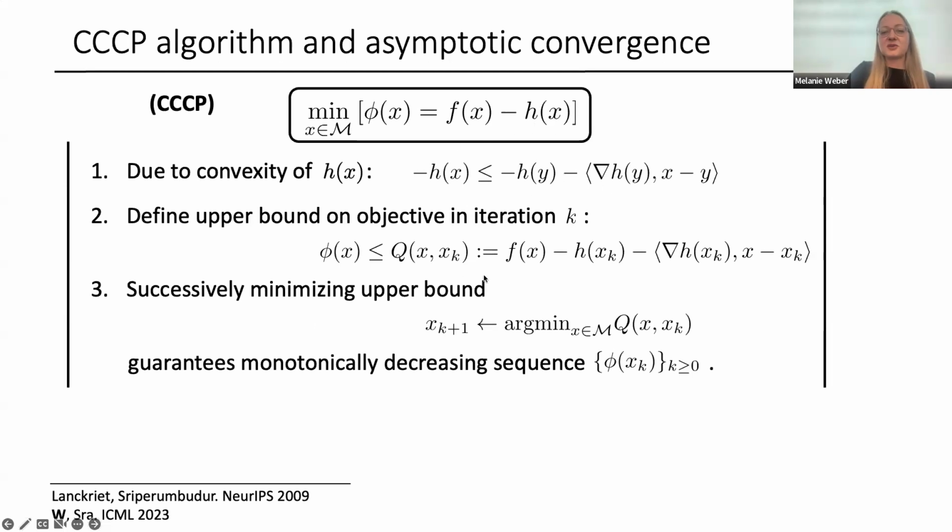And then we can insert that into the objective function to get an upper bound, as you see here on the right-hand side. That upper bound is convex, as opposed to the objective function, which is in general Euclidean non-convex. And then the idea of the CCCP procedure is to, instead of directly optimizing the objective function, just optimize this convex upper bound.